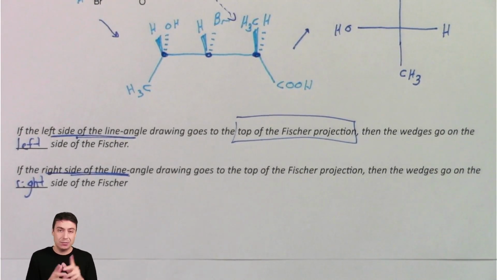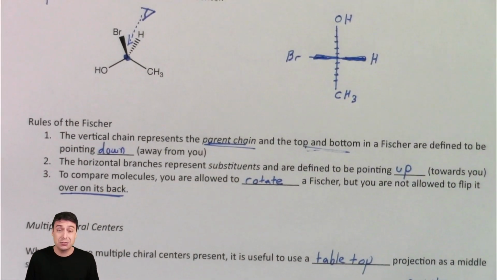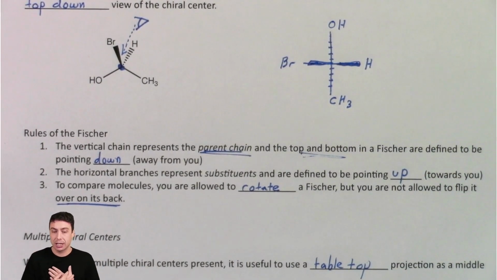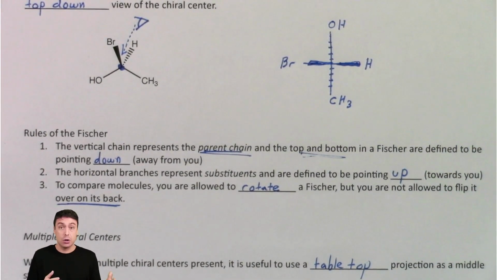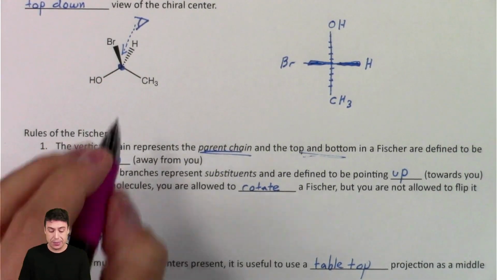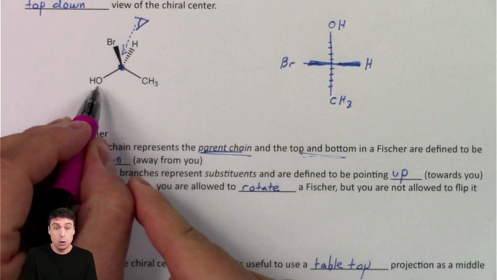One more thing. Let me give you one more thing here because it's important, and I want you to have this tool. If all else fails, I said you could guess and check. What do I mean by guess and check? Well, remember, chiral centers have an R or an S configuration. So if I were to say, what is the absolute configuration of that chiral center? You'd say, well, bromine is number 1. The OH is number 2.